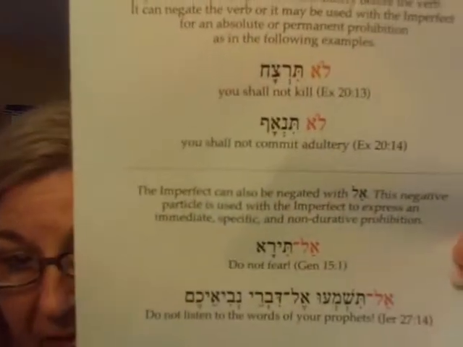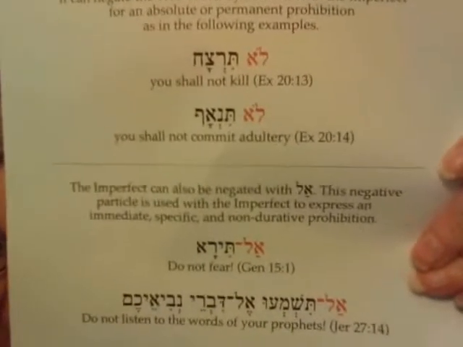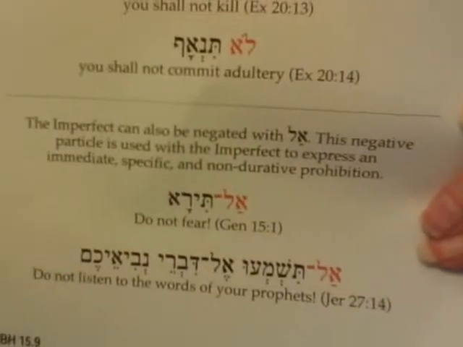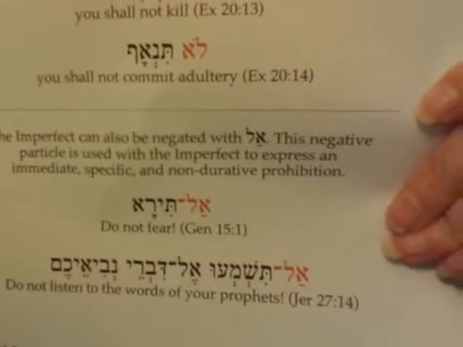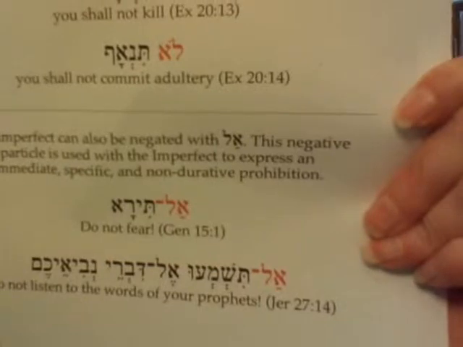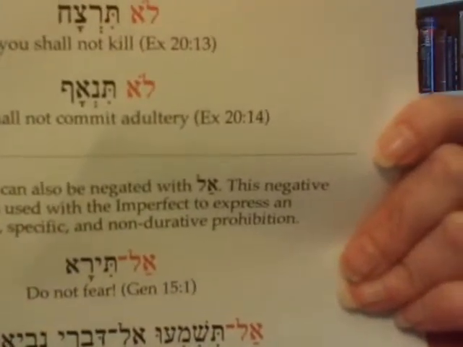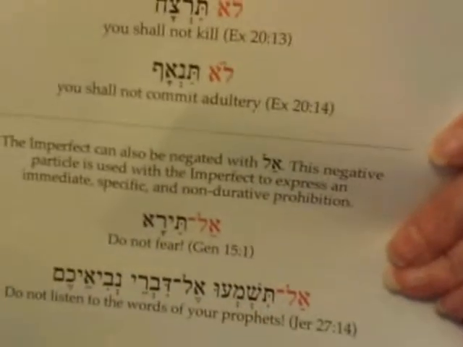Then the imperfect can also be negated with al. This negative particle is used with the imperfect to express an immediate, specific, and non-durative or non-permanent prohibition. Like this first one, al tira, you shall not fear, or do not fear.